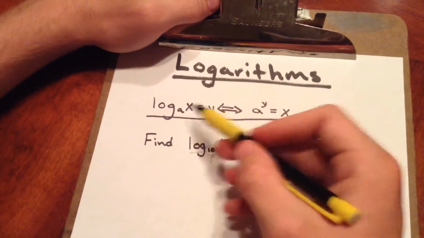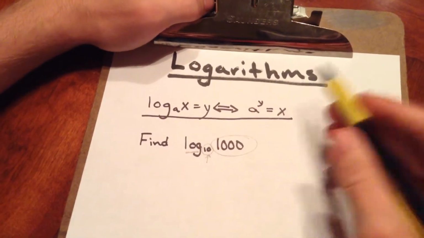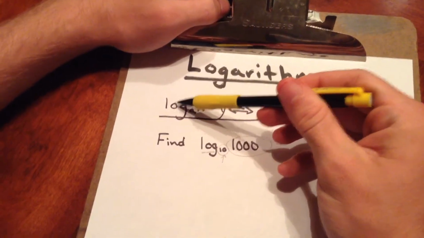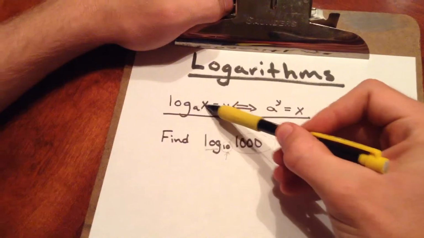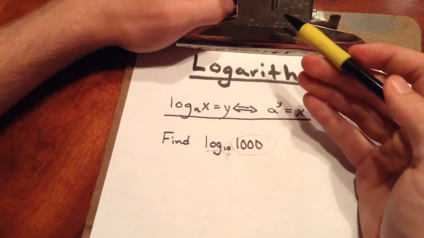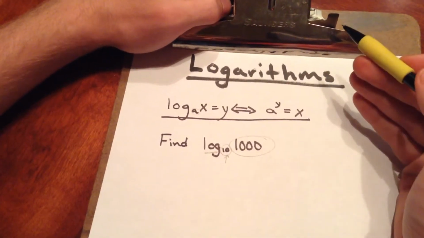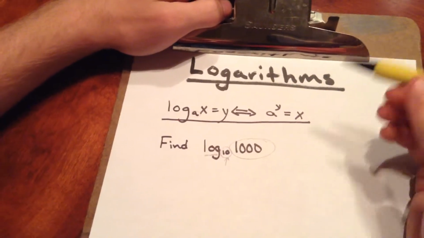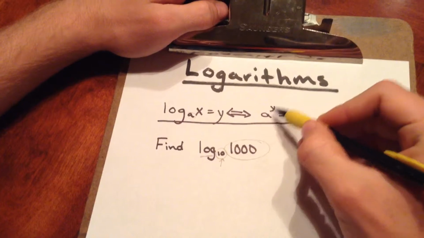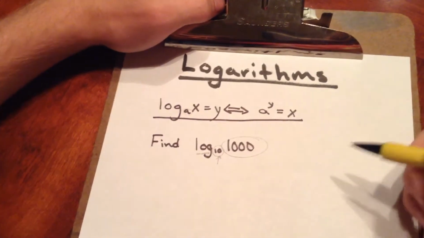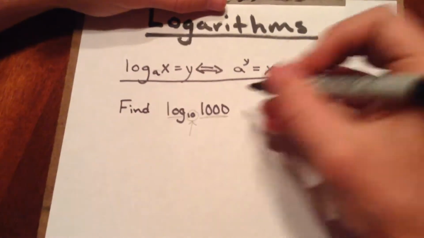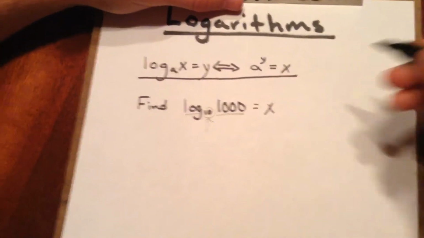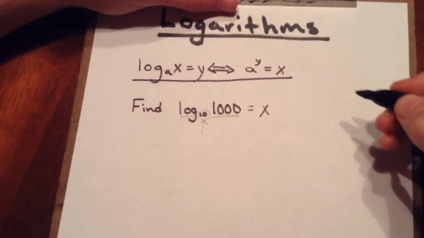Now, up here I have given the basic equation for a log. With this we have log base a of x. Now a and x are of course variables, so they're unknown to us. And they equal y. But translated into exponential form, a to the y power is equal to x. Okay, so to start we will make log base 10 of 1,000 equal to x because we don't know its final value yet.